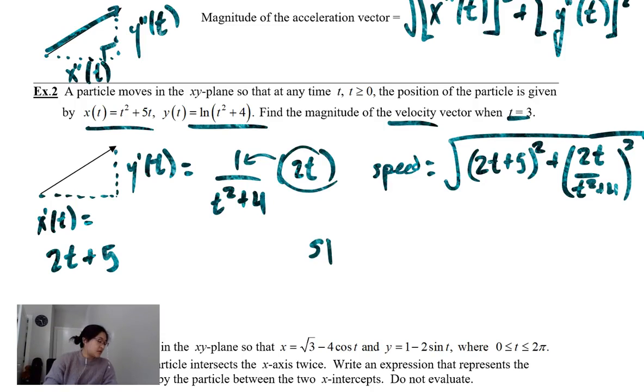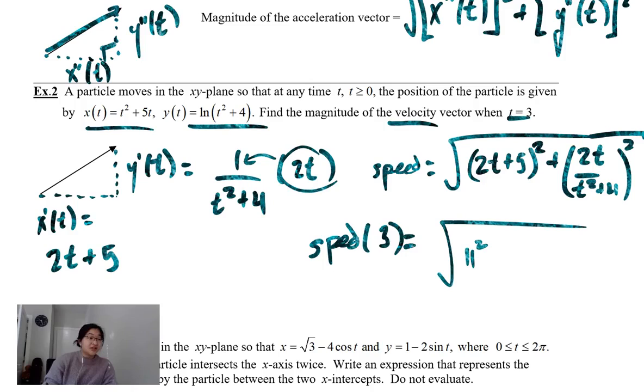So speed at 3 would be what? 6 plus 5 is 11 squared plus 6 over 9 plus 4, that's 13. And so we square that. Do we need to simplify that? It's okay. So that's a precise answer. That's our speed.